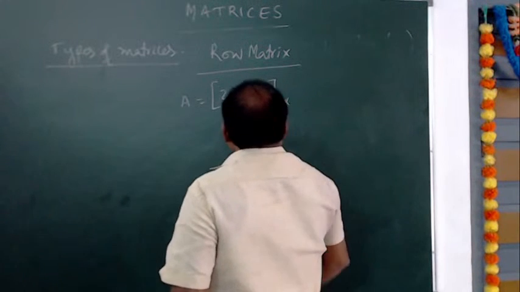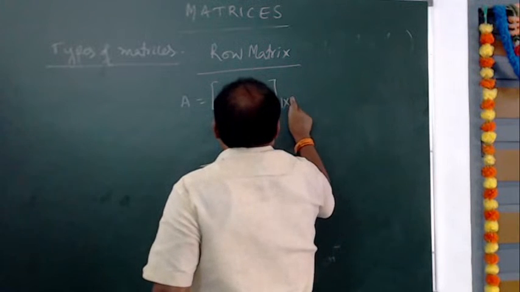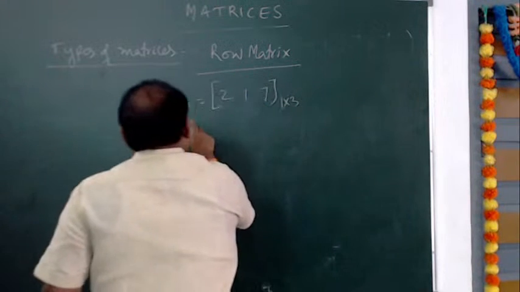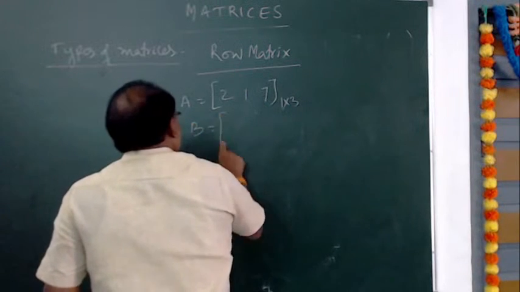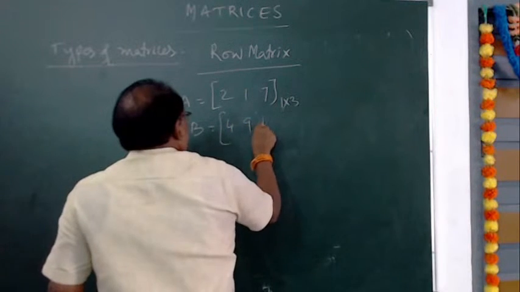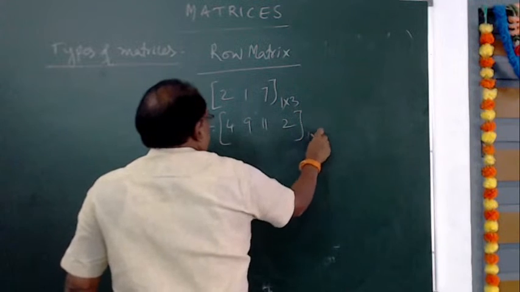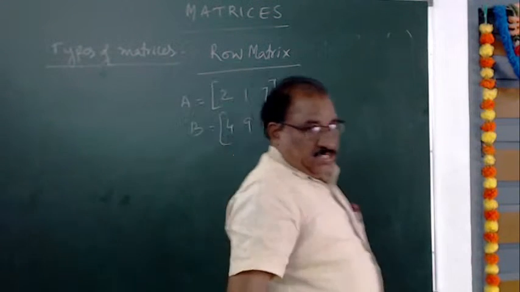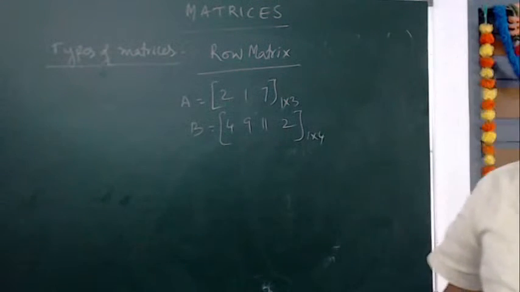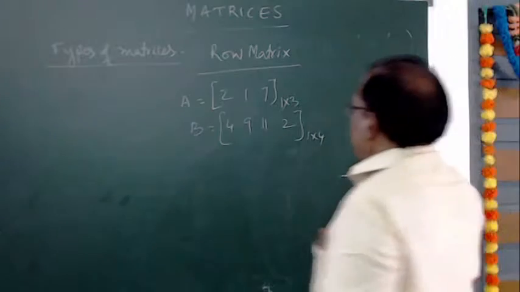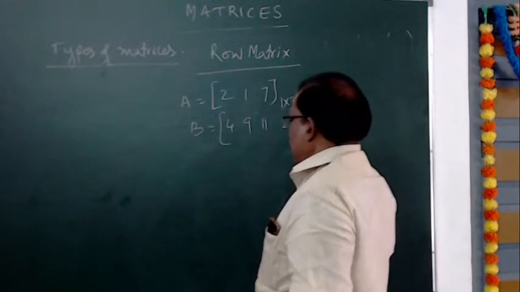How many rows? Only one. And 3 columns. Call it B. This is 1 by n. A row matrix is 1 by n. This is called the row matrix.